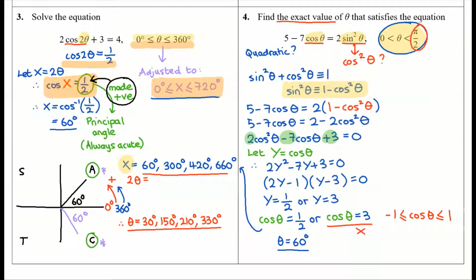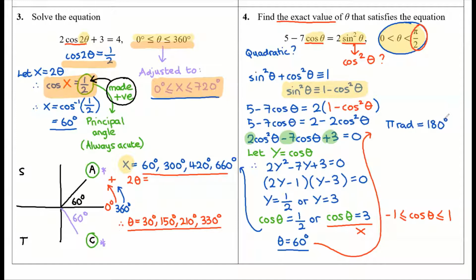So just to finish off, I'm going to go up here because I'm running out of space. How do we get that into radians? Well, if you'll recall, we know that pi radians is equal to 180 degrees.